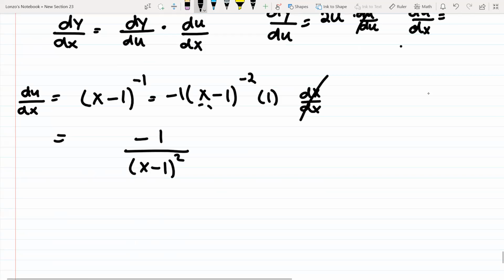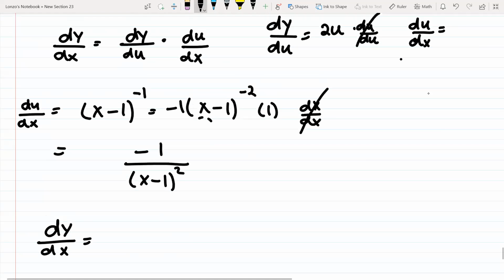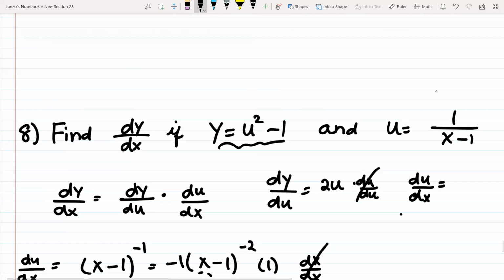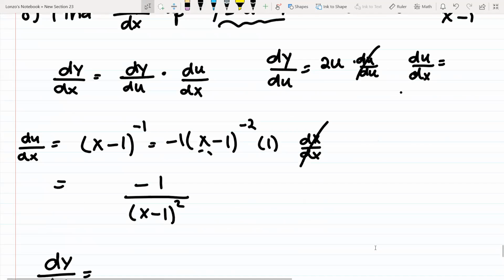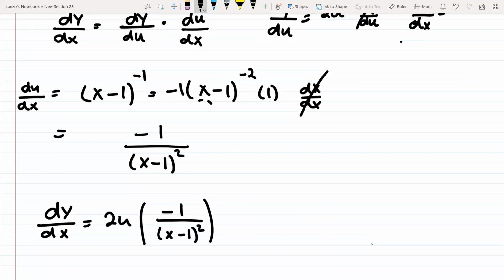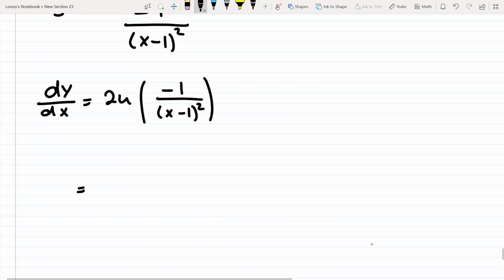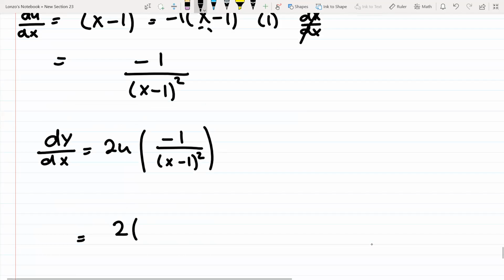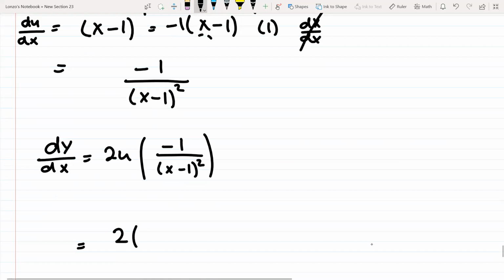So dy over dx is dy over du, which is, what did we say dy over du is? It is 2u times du over dx, which is -1 over x minus 1 squared. And finally, it's 2, and then they said to substitute u with 1 over x minus 1.